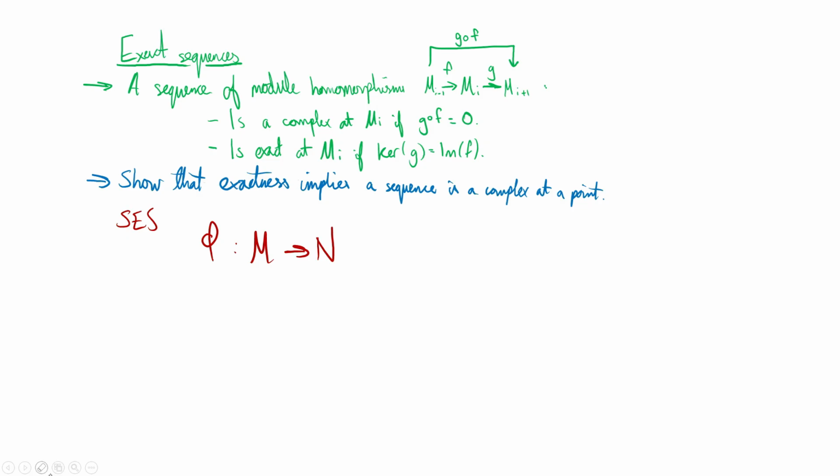So if we have some homomorphism, the image is also a module, let's call it M dash, and the kernel is also a module, let's call it M dash dash.